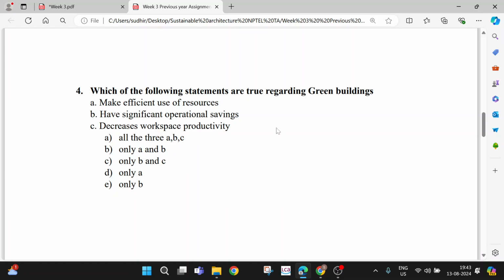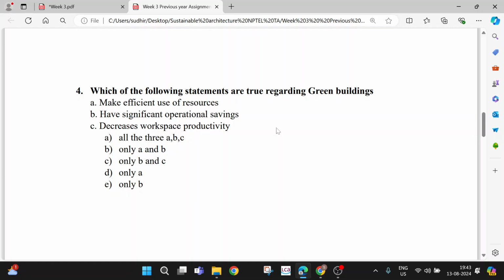Option A is saying make efficient use of the resources. That is right. And second, have significant operational savings. That is also right. Green buildings make efficient use of resources, as mentioned in option A. Which resources is it talking about?